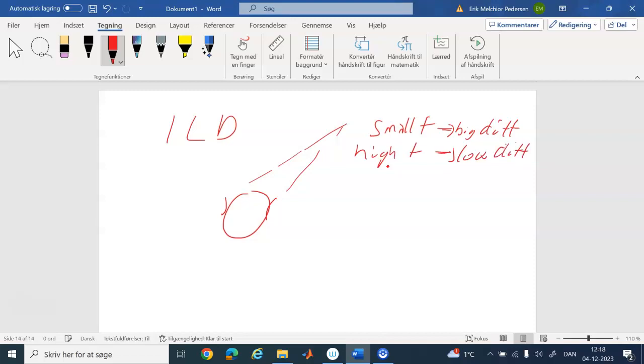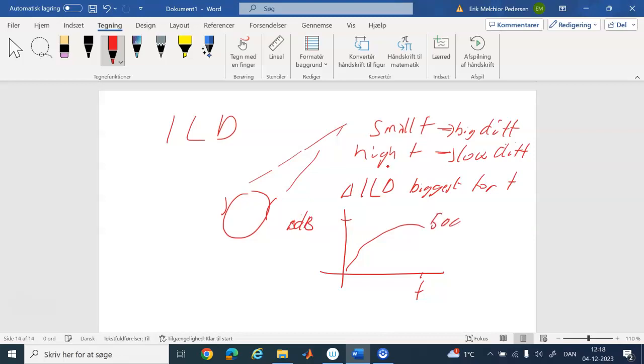So you can say that ILD is biggest for high frequencies. You can show it on the curve: for 500 hertz, and here we have delta dB levels.